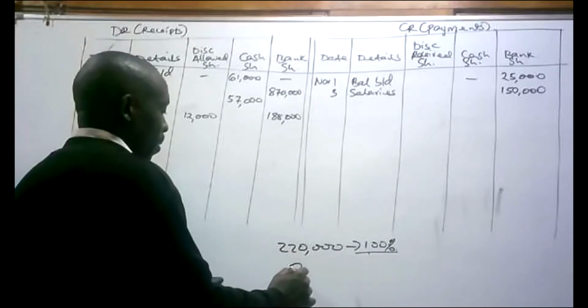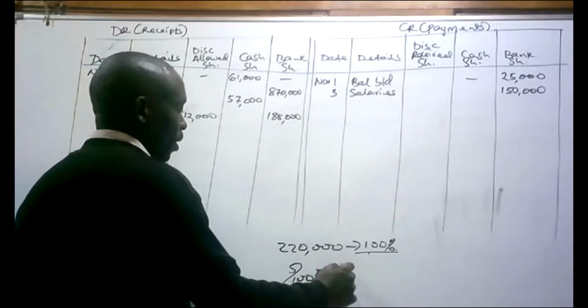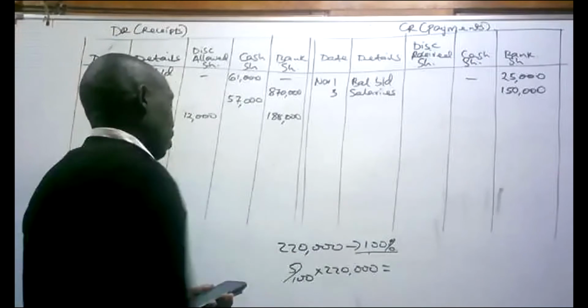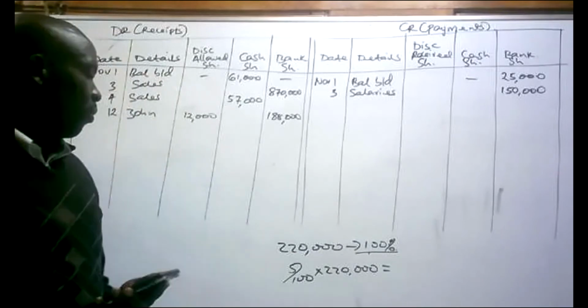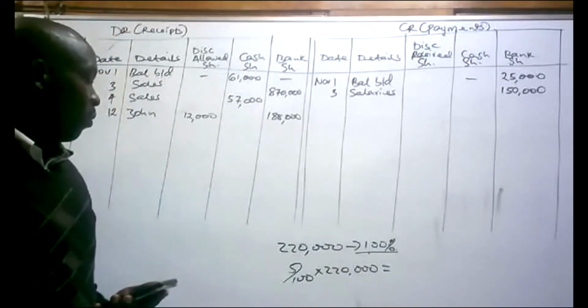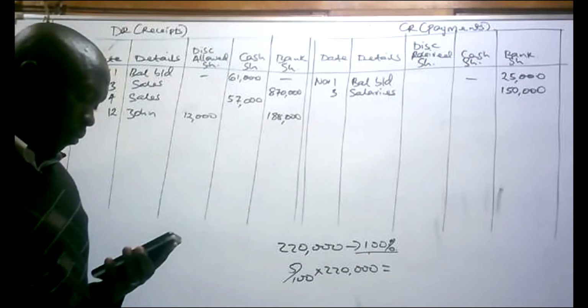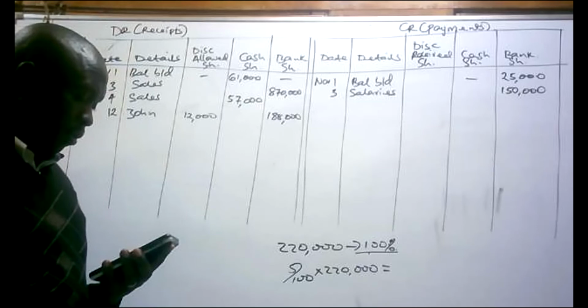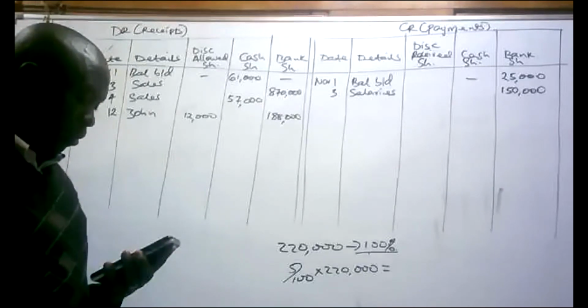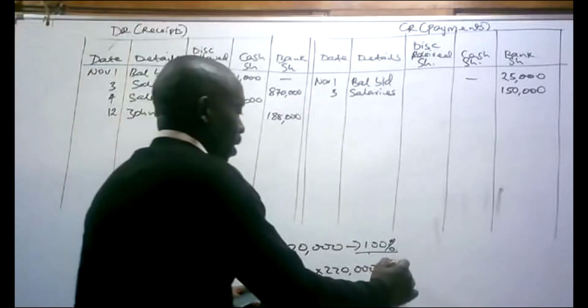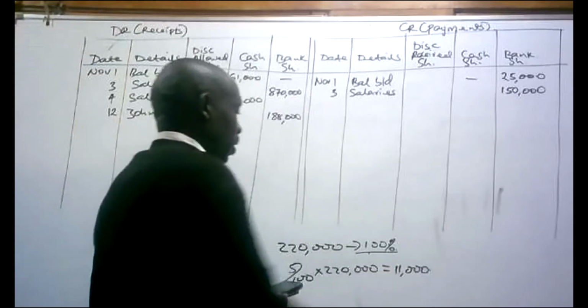So how much are we supposed to deduct as a discount? 5%. So we do 5% times 220,000, which is equivalent to how much? 11,000. This is the discount we received.